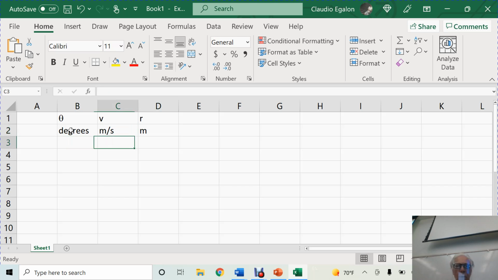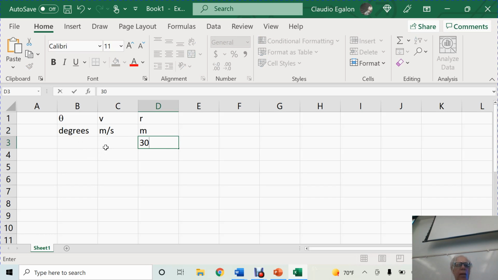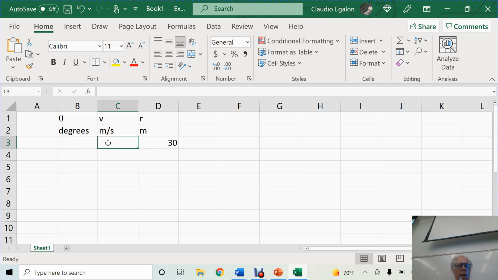Let's put a very sharp curve, let's say 30 meters. And I'm going to start with 5 meters per second. It's not very fast. And then 10 meters per second, 15 meters per second, and so on.